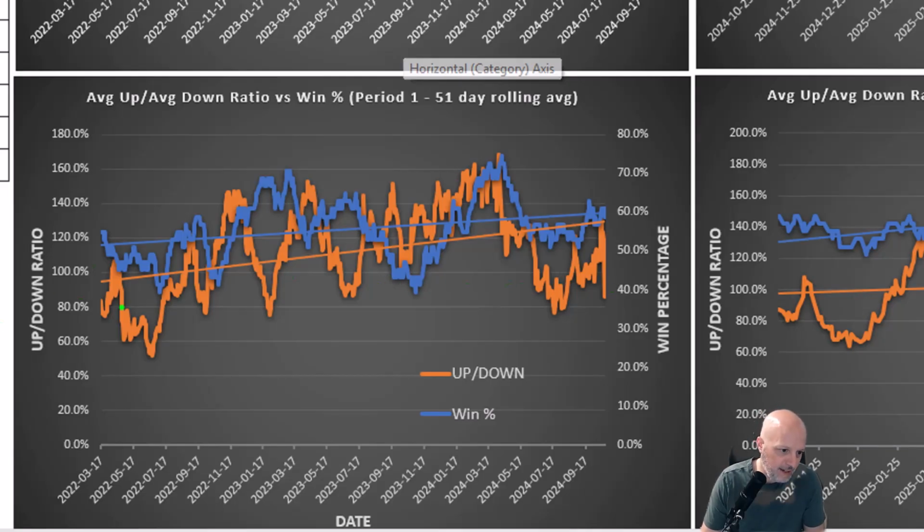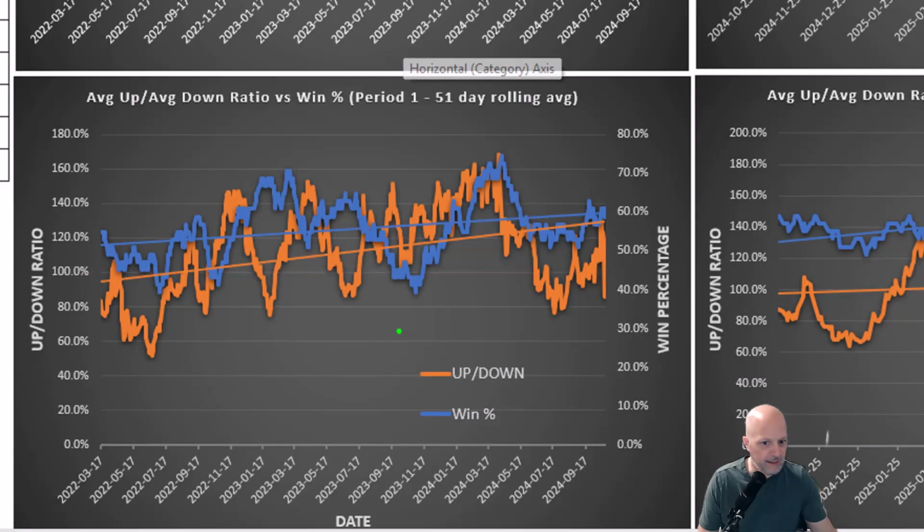Looking at this side, you really want the orange line to be above this 100% line right here. We can see most of the time it is. So most of the time the ups are bigger than the downs. And that's what we're looking at here and where that trend is going. So it's nice to see that the orange line is pointing up.